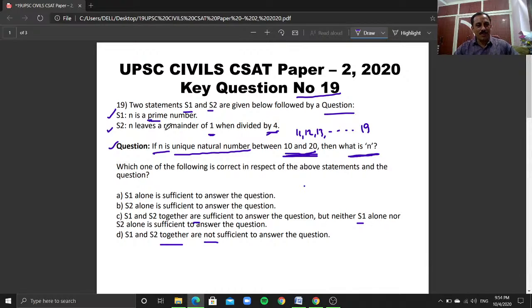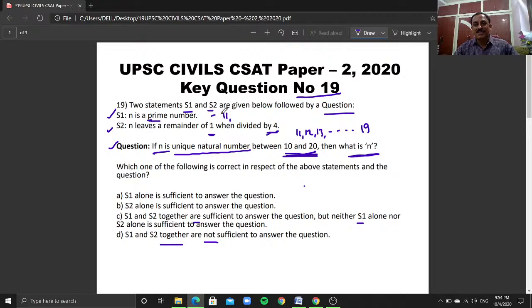Okay, now come to statement 1. What's the question? Find n, a unique natural number between 10 and 20. According to statement 1, n is a prime number. Between 10 and 20, how many prime numbers are there? According to statement 1, 11 is a prime number.